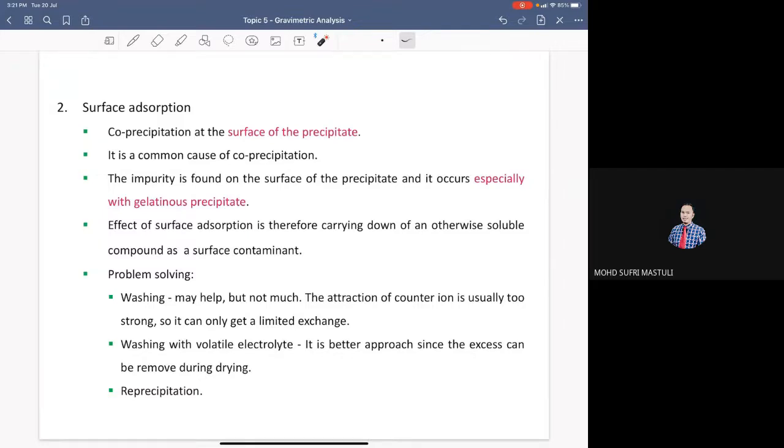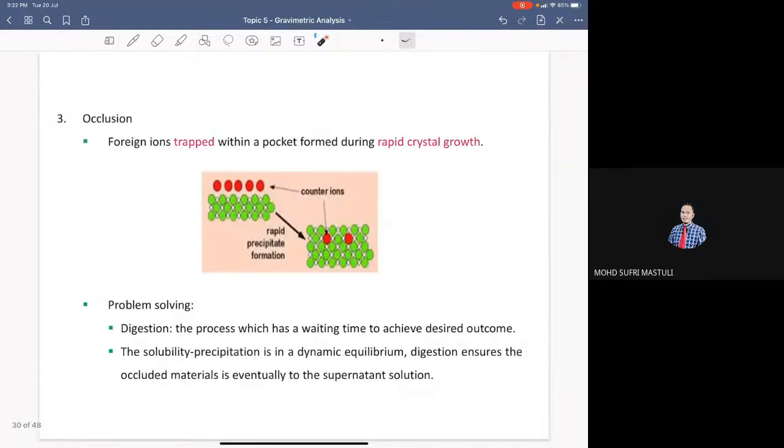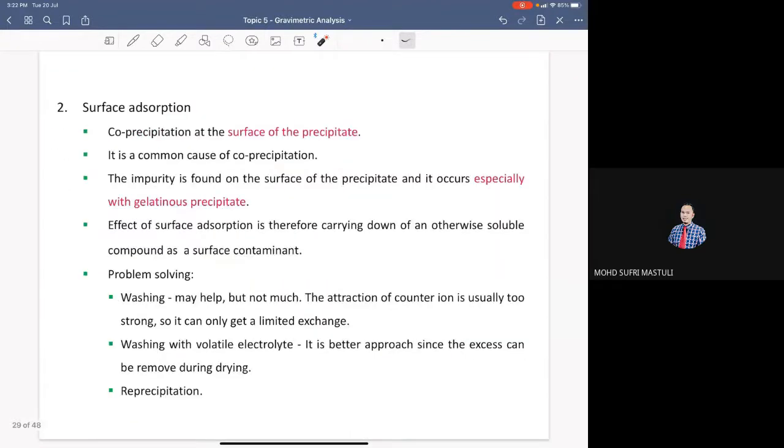Okay, another type of co-precipitation is surface adsorption. Here the precipitation of other ions or foreign ions occurs on the surface of the precipitate.